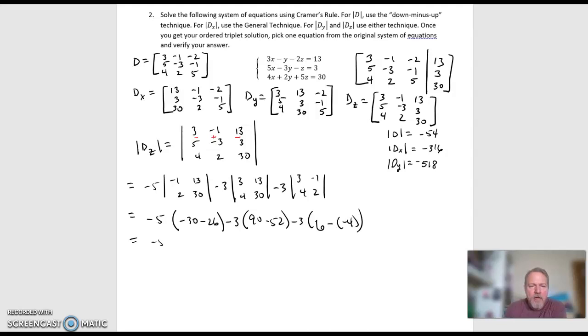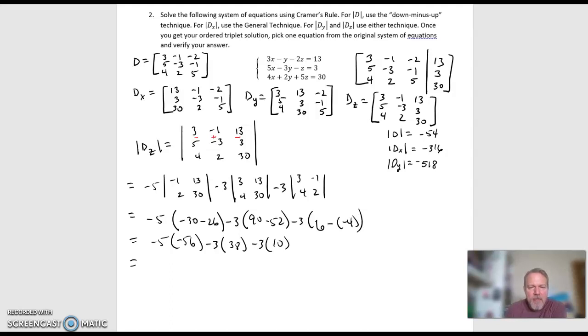This becomes negative 5 times a negative 56. Minus 3 times a 90 minus 52 is 38. Minus 3 times 6 minus a negative 4 is 6 plus 4, or 10.